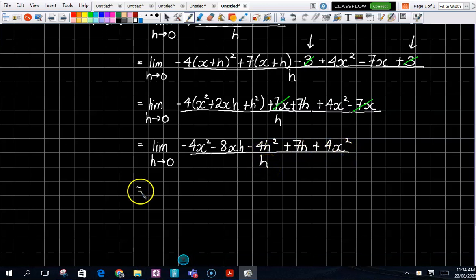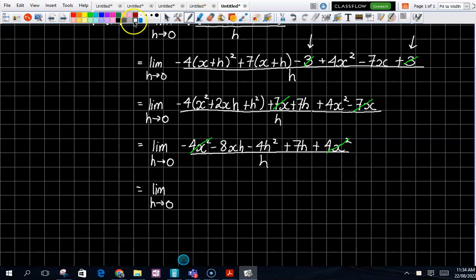I know you can times by minus 4. Are we confident with what's going on? Should we be confident that we're on the right track? Why? Because the minus 4x squared doesn't have an h, but thank goodness we've got a plus 4x squared and they cancel out. So things are going our way.